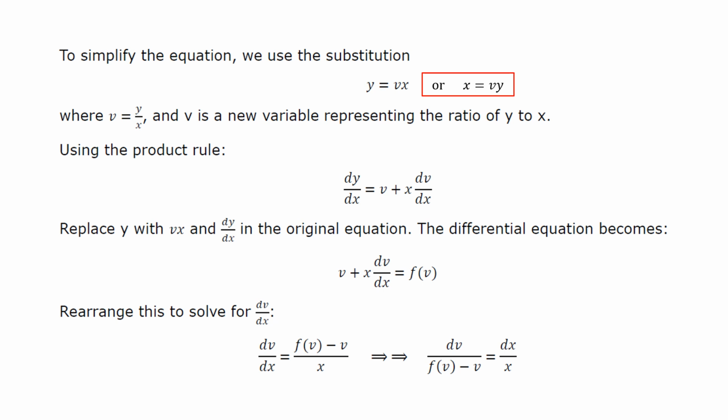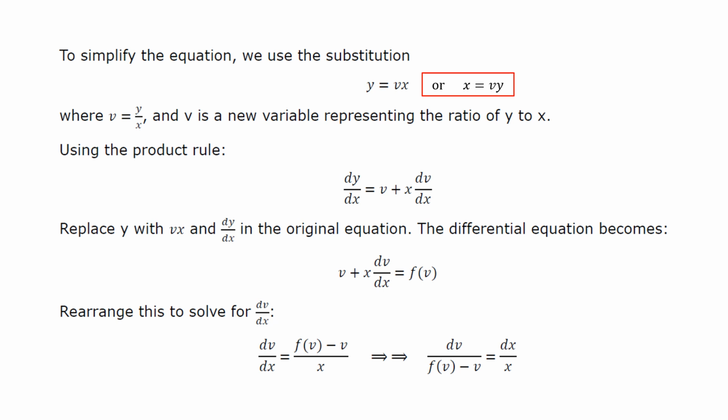Now we can use the product rule to take the derivative. So dy/dx = v + x dv/dx. We'll replace y with vx and dy/dx in the original equation. So the differential equation now becomes v + x dv/dx = f(v).